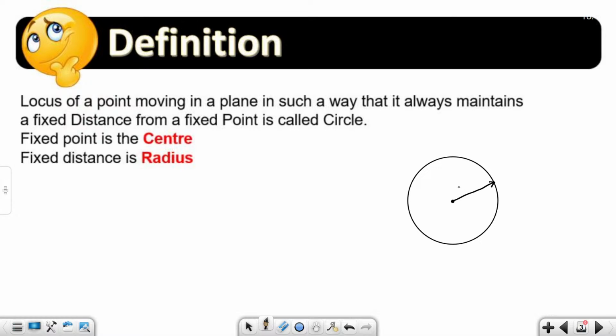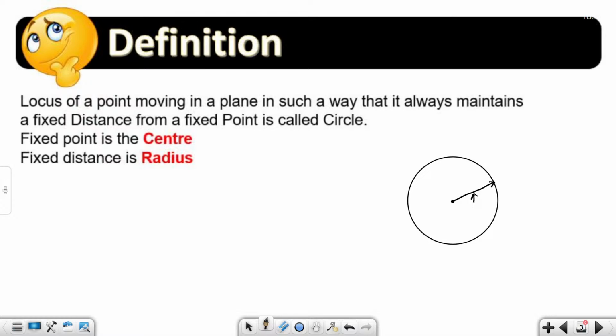So in our higher classes, in class 11, we define this in terms of locus. It is basically a moving point moving in a plane in such a way that it always maintains a fixed distance from a fixed point. This fixed point is called the center of the circle, and this fixed distance is called the radius of the circle.